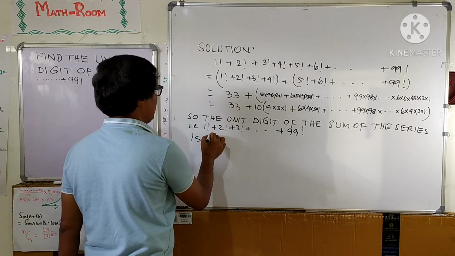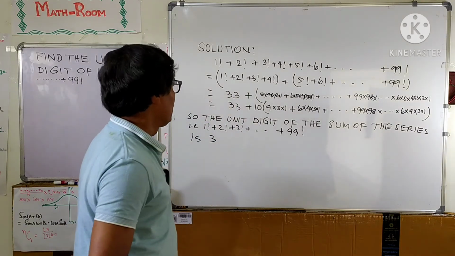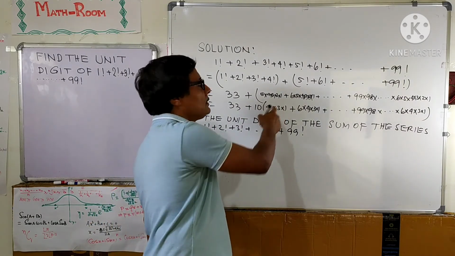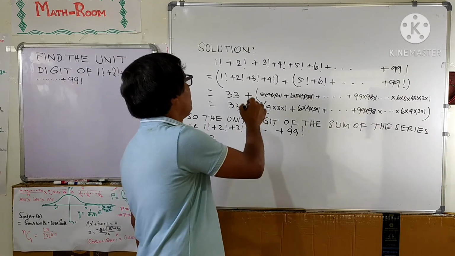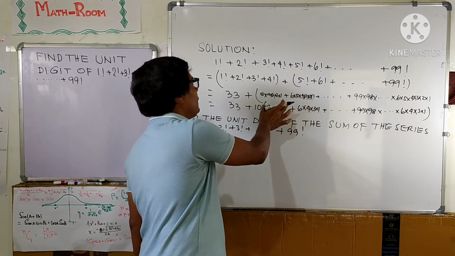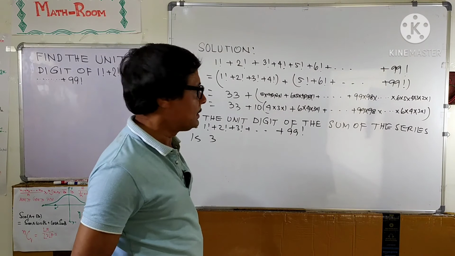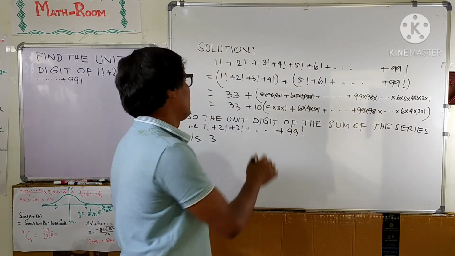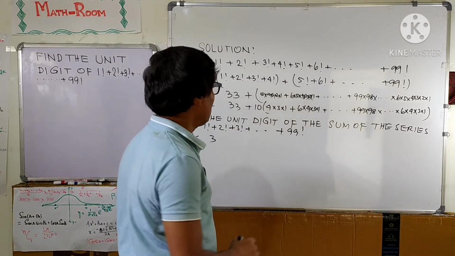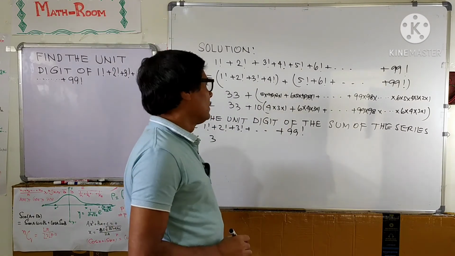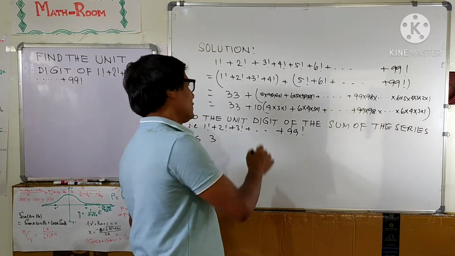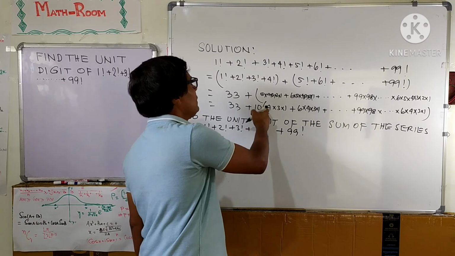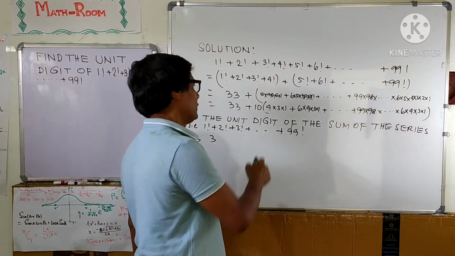In the second part the unit digit is 0, because it is 10 into an integer, and the product of 10 and an integer is an integer whose unit digit is 0.